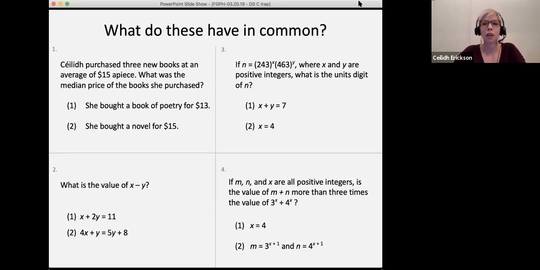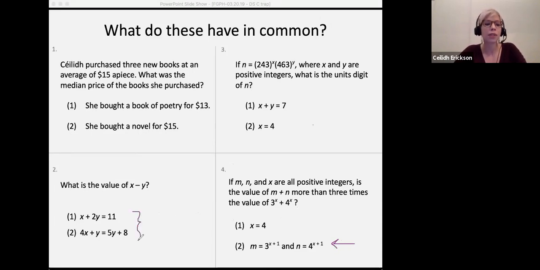I think in some of these it's clear. Like in number 4, you might not have known why number 2 was helpful, but it certainly contains way more information, and statement 1 was just a single value. Statement 2 should pop out as being obviously way more helpful.